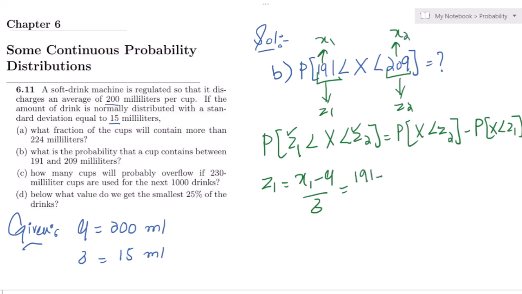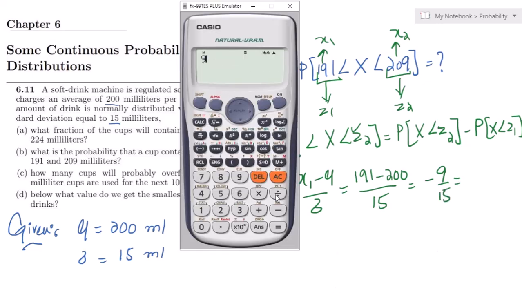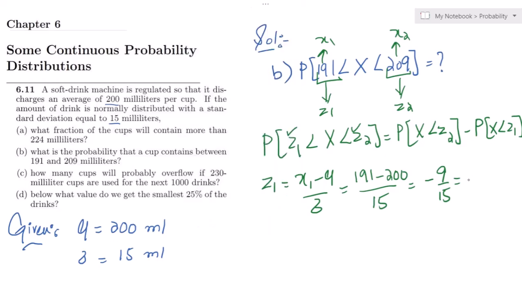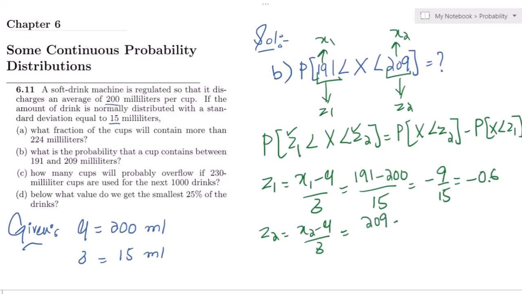So 191 minus 200 divided by 15 is minus 9 over 15, which is minus 0.6. The value of z2 is x2 minus mu divided by sigma, so 209 minus 200 divided by 15. This is again 9 by 15, which is plus 0.6.